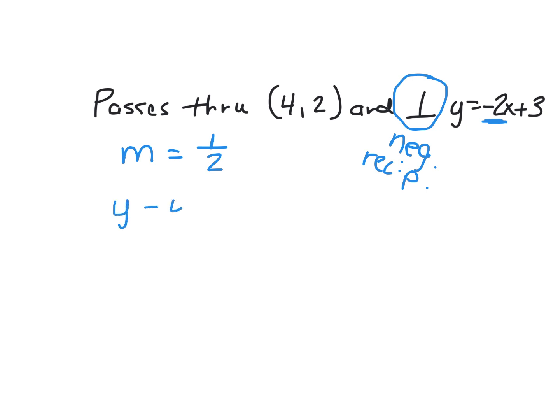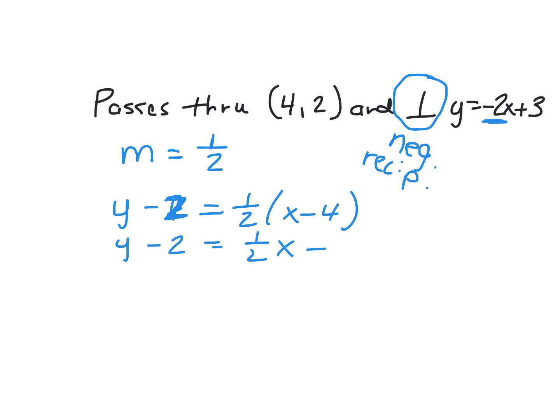Point-slope, I'd have y minus 2 equals 1/2 times x minus 4. I could distribute. If I add the 2, I now have slope-intercept form.